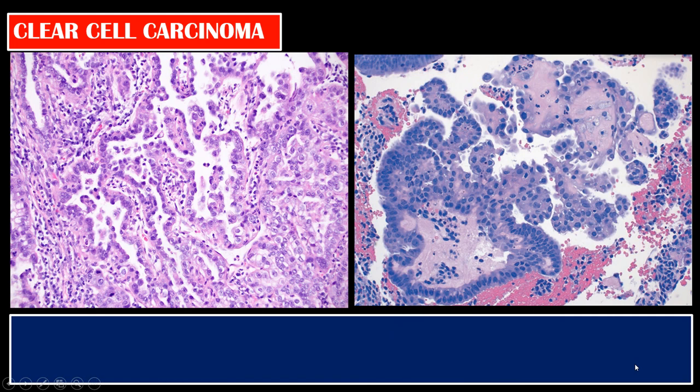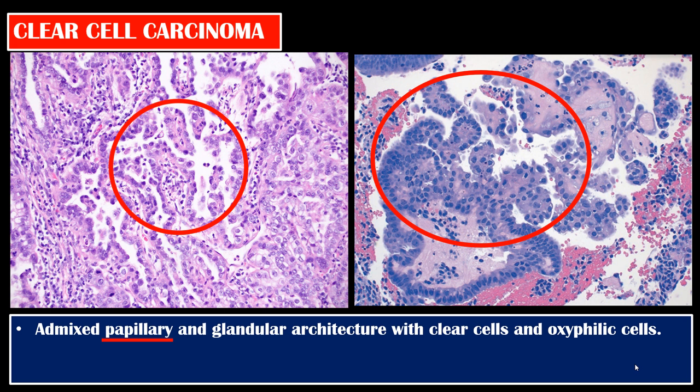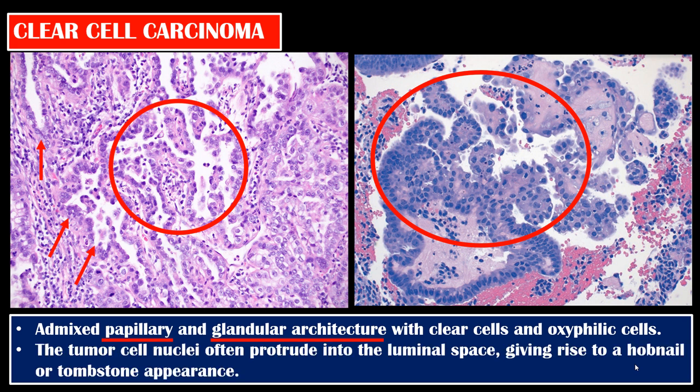In these photos, we see admixed papillary and glandular architecture with clear cells and oxyphilic cells. The tumor cells' nuclei often protrude into the luminal space, giving rise to a hobnail or a tombstone appearance.